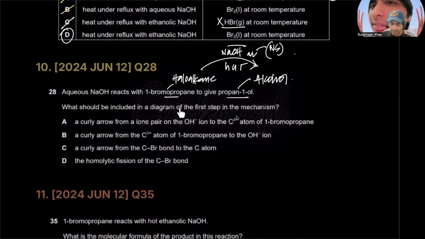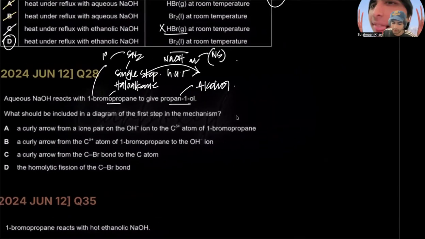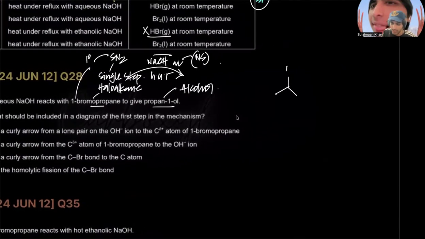What should be included in the diagram in the first step of this mechanism? Now see, again, it was 1-bromopropane. It's a primary haloalkane, and primary haloalkanes undergo SN2, which is a single step reaction. I can even show it to you. 1-bromopropane looks like this. For a primary haloalkane, how does the nucleophilic substitution reaction take place? This is partial positive, this is partial negative.